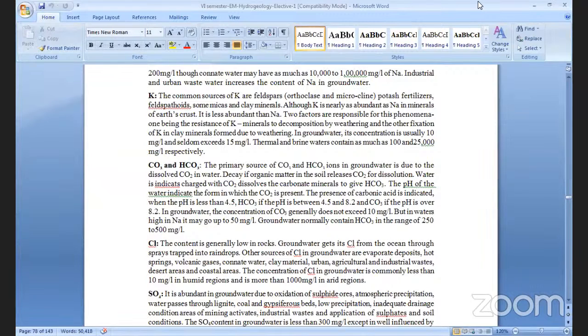The pH of the water indicates the form in which CO2 is present. Also, the more limestone material there is, the more CO3 is released into the water.